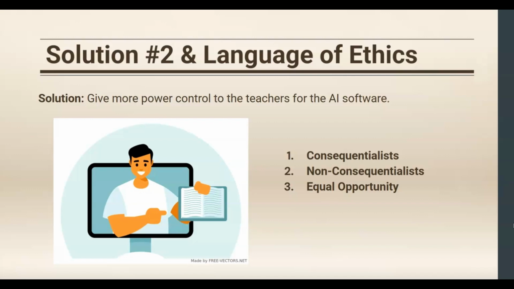And the third one on this list that I've listed here, the second one that does not support this, is equal opportunity. And I'm just going to throw in an example of this. In this case, Mrs. Lee had some students in her class that, as I stated earlier, struggled with using the technology but understood the content.